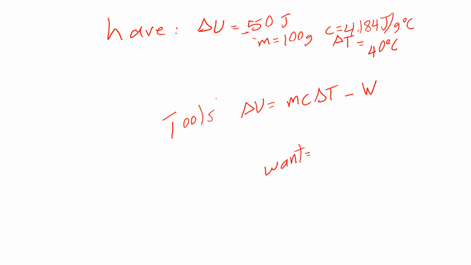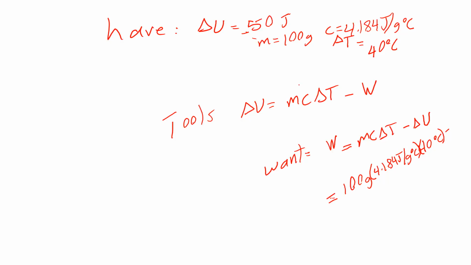We want work, which equals, doing a little algebraic trick, MC delta T minus delta U. So work equals mass, which is 100 grams, times 4.184 joules per gram degree Celsius, times 40 degrees Celsius, minus a negative 50 joules, so actually it will be plus.